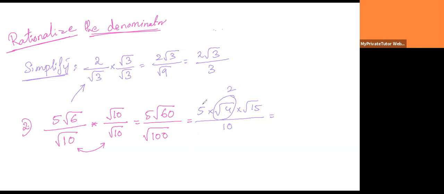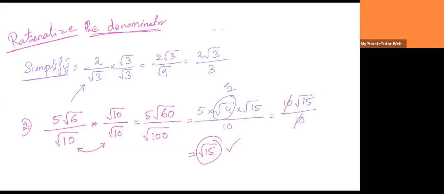So 2 times 5, 10 root 15 divided by 10. So just get rid of this 10 and 10. The final simplified answer is square root 15. That's it. So this is how we generally simplify.